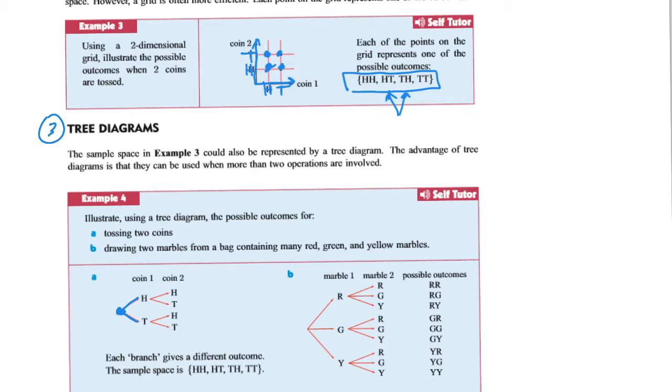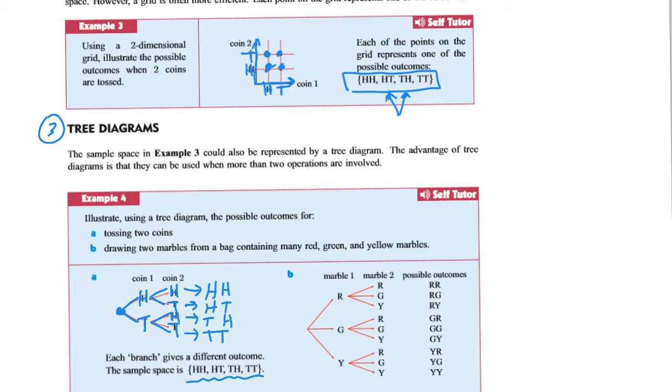Now we'd only need 2 because coin 1 could either be H or T. And then from the H on coin 1, we could follow that up with an H or a T on coin 2, or follow a tail up with an H or a T on coin 2. So we ultimately can read the branches to know that this set of branches produces the outcome HH, this one HT, this one the TH, and this one the TT. Once again, seeing 4 possible outcomes.